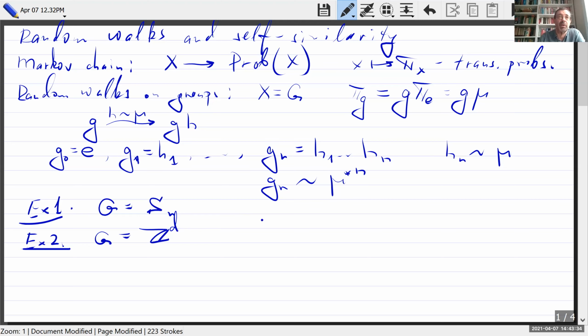What does it mean nice? If we have a finite subset of our group, let's say K, then we can look at the probability measure which is uniformly distributed on this set of generators. Okay, now I have a problem, because for some reason my pen doesn't go lower on the screen, so I have to move to the next page.